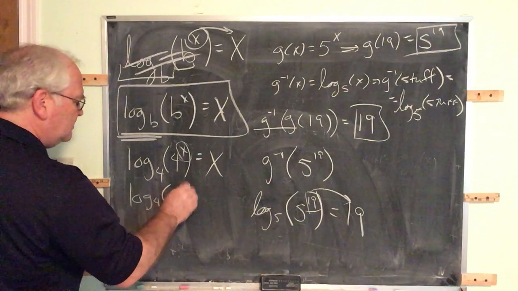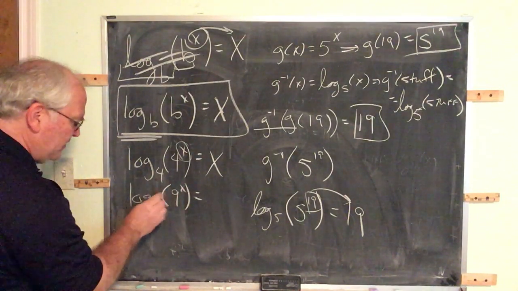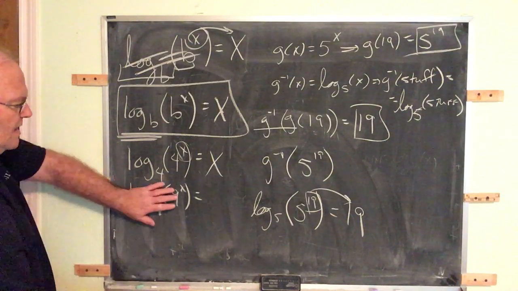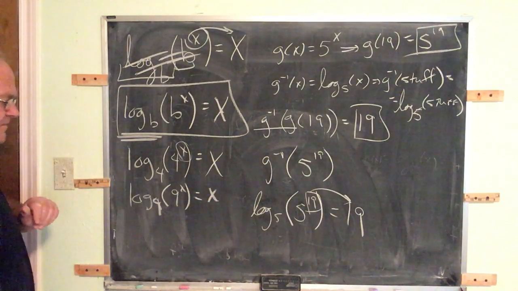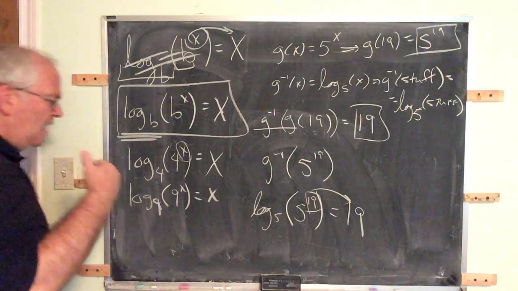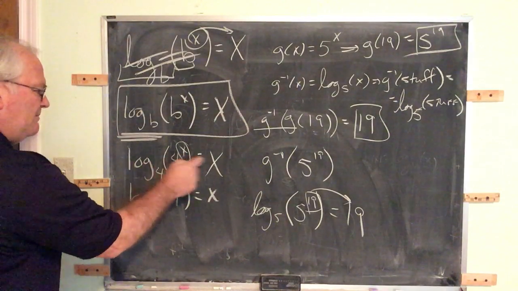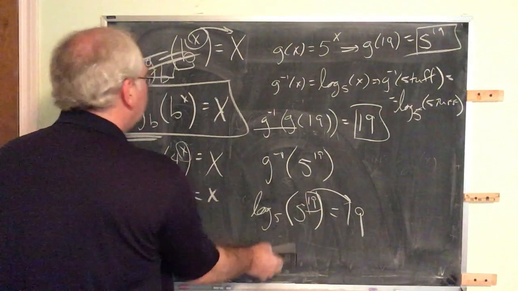Log base 9 of 9 to the x, they cancel, you're left with just x. When you apply logarithm and exponential in sequence, it is as if they cancel, and there's nothing magic about this being a specific value.